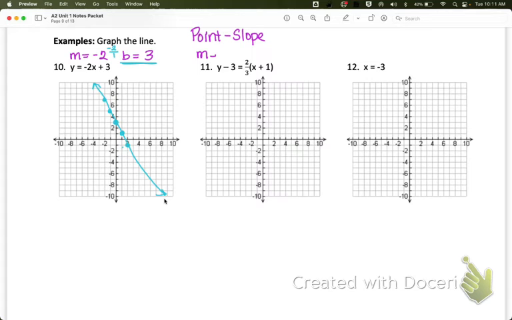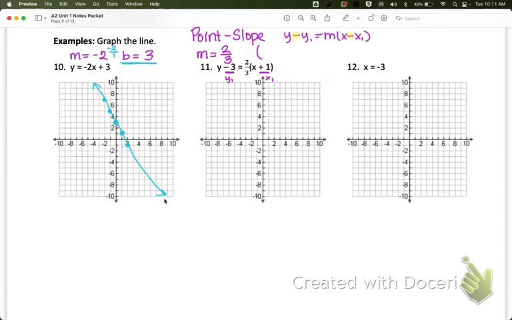I have a slope of 2/3, and I have an x1, y1 of... here's my y1 and here's my x1, but remember those are opposites. The equation looks like y minus y1 equals m times x minus x1.